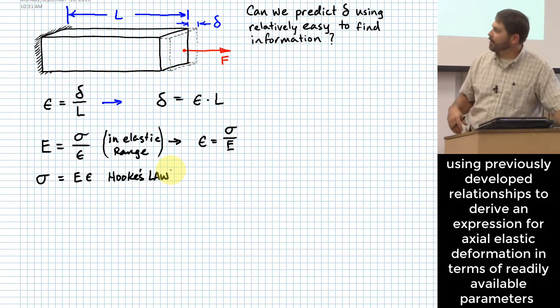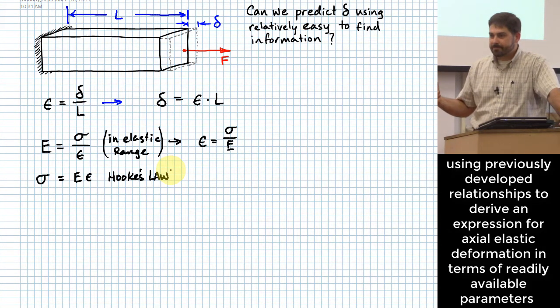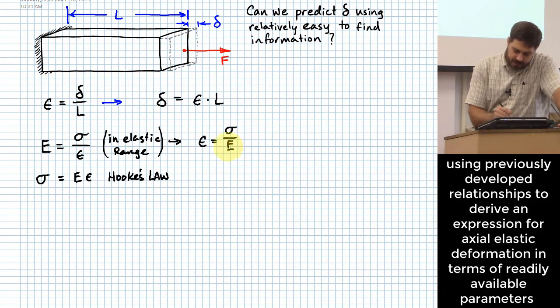I don't know what the story is on that, but it's the same relationship. Anyway, that's a little side note. So epsilon equals sigma over E. Can I use that in my previous equation? What I can say now is that delta should be equal to stress over elastic modulus times L.